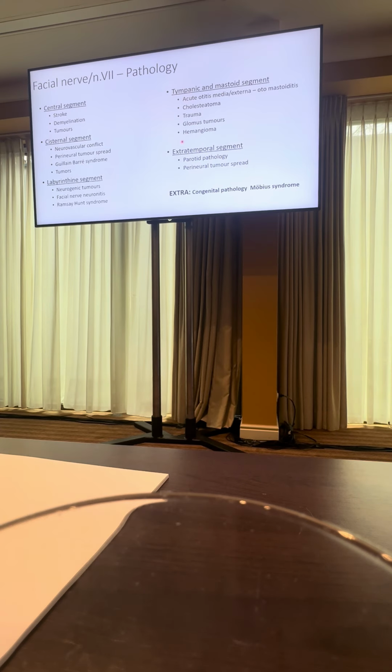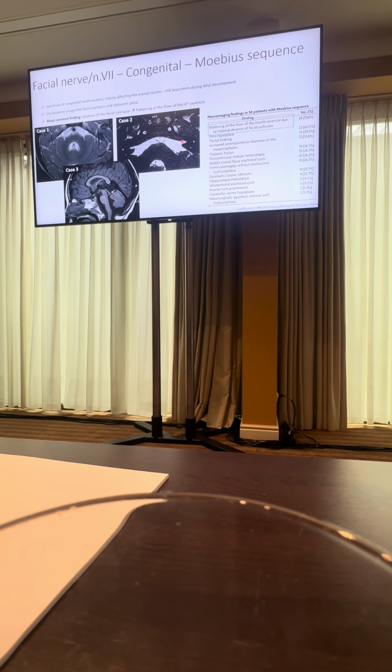And then finally, a nice one to end, the congenital one, the Möbius sequence. What's that? That's a spectrum of congenital malformation, mainly affecting the cranial nerves, and this is due to ischemic changes during fetal development. Patients present with different symptoms, but what all these patients have is a unilateral or bilateral facial nerve palsy, and this is why, again, I emphasize the anatomy.